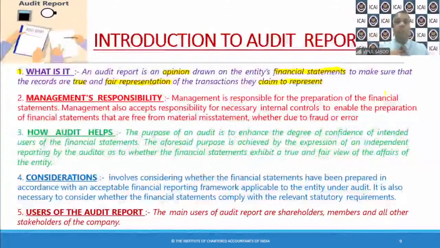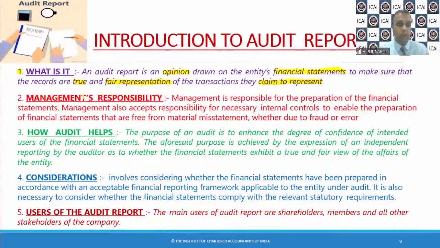It is the auditor who has to check thoroughly: test checking, sampling, whatever his procedures be. Whatever he observes, the results he has reached, he'll express his opinion in agreement with the claim of the management or against their claim. So this is what audit report is.